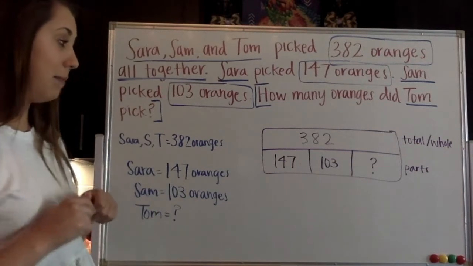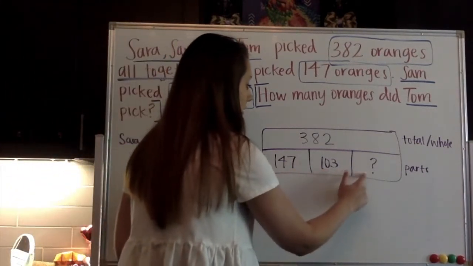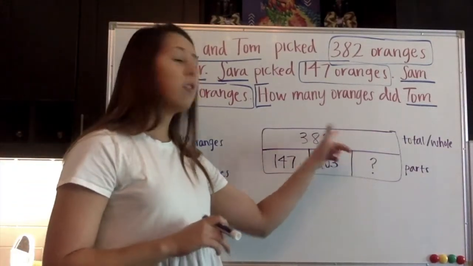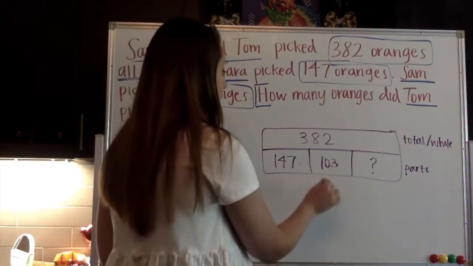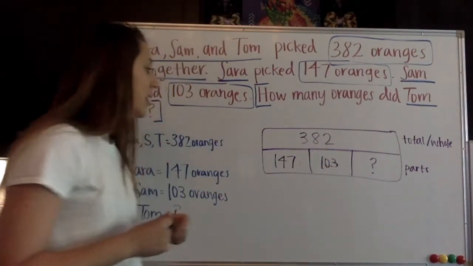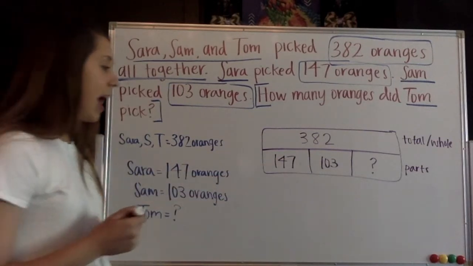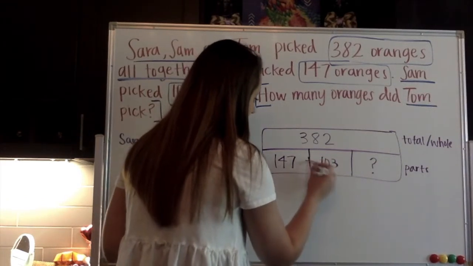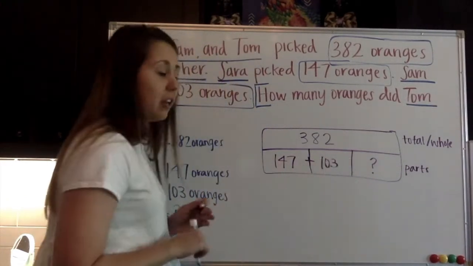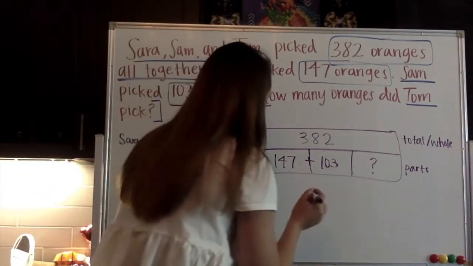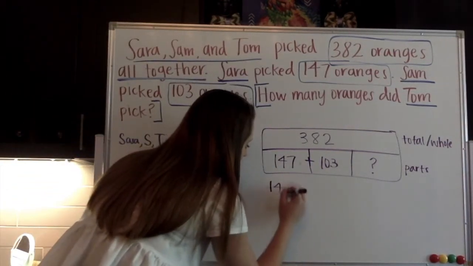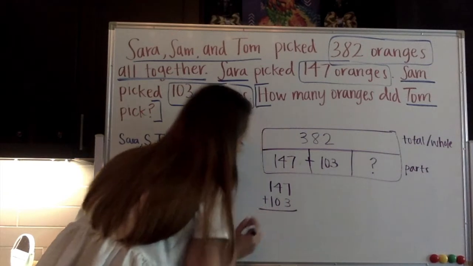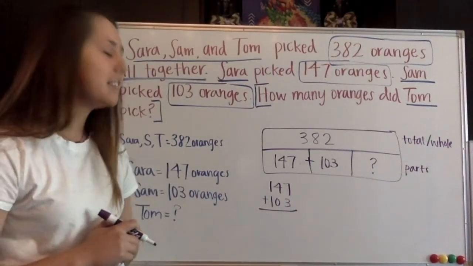Now with strip diagrams, we know that these three parts have to add up to equal this total. These three boxes cannot be more or less than this top box, they have to all equal 382. So if I have these two numbers here, I know that I can put these together. I can add, because you can add up anything down here in your parts. So that would be 147 plus 103. 7 plus 3 is 10.